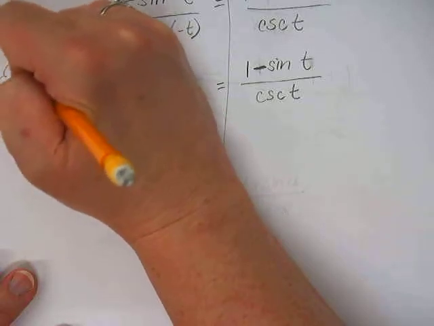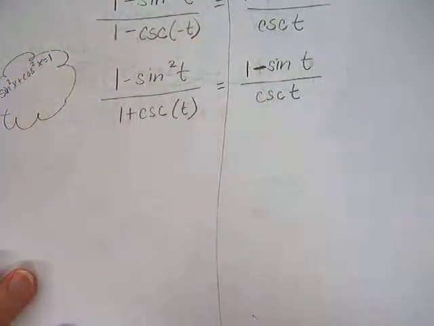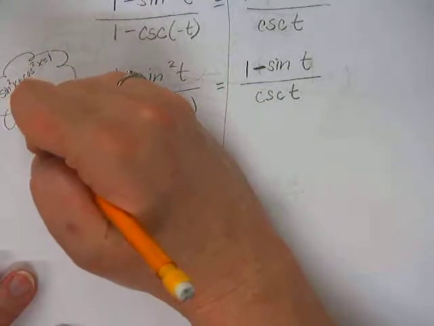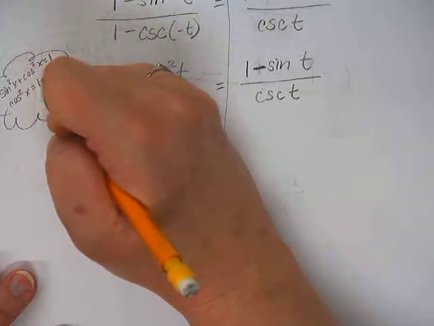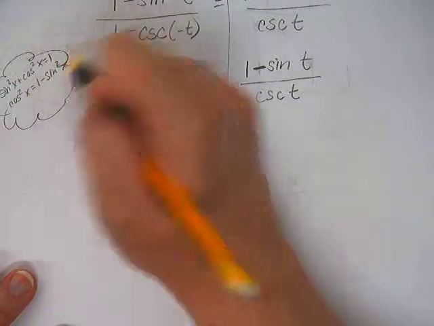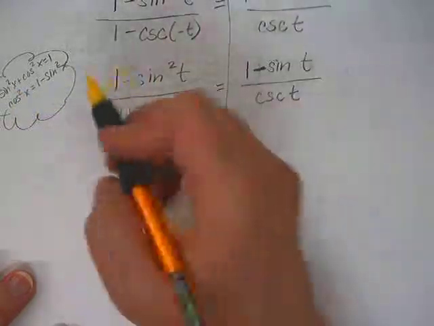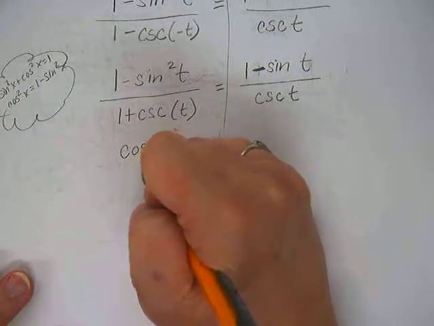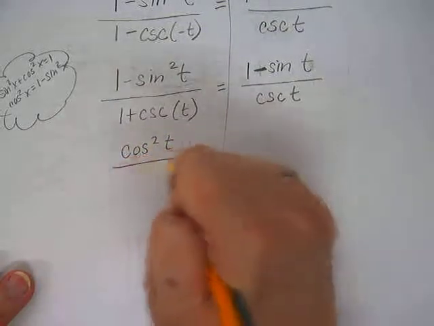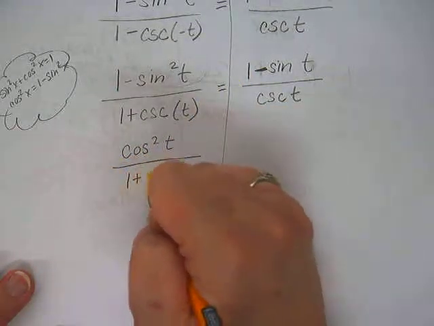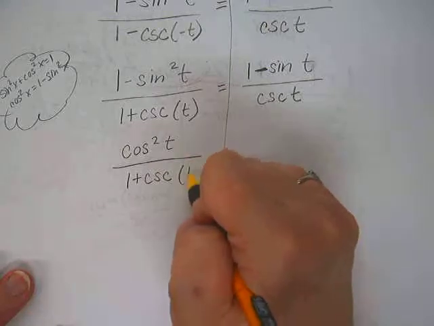We've got sine squared x plus cosine squared x equals 1. So therefore, cosine squared equals 1 minus sine squared. So that part right there can just be replaced with cosine squared. I recognized that that is an identity, so I'm going to jump on that.